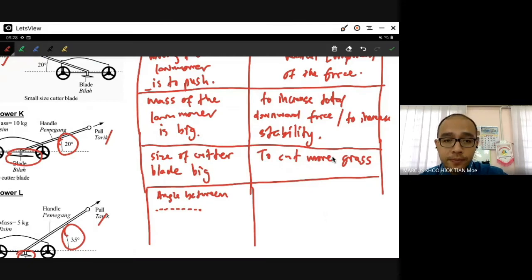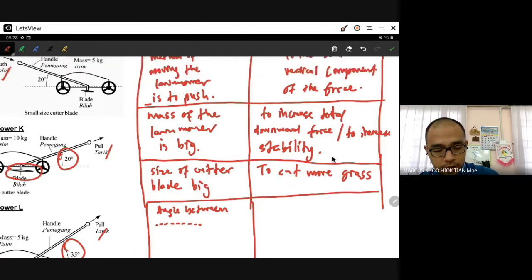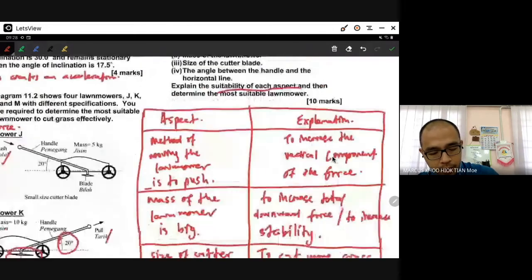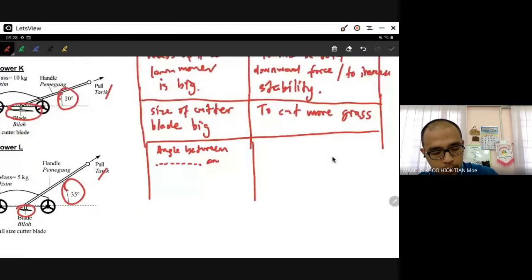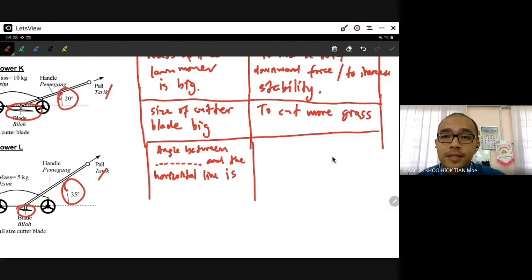What do you think? Big or small angle? Anybody?